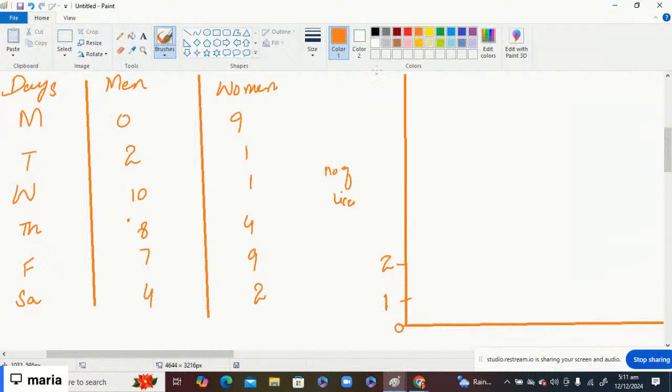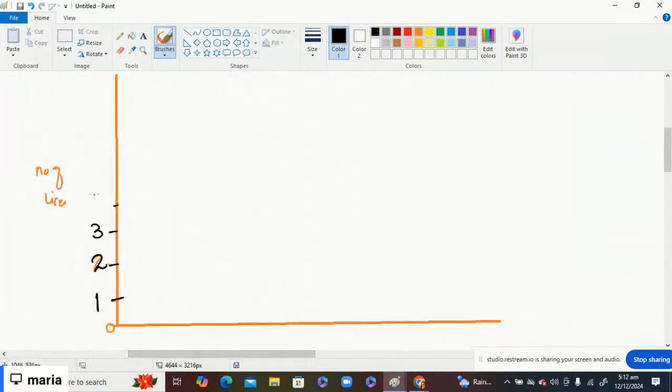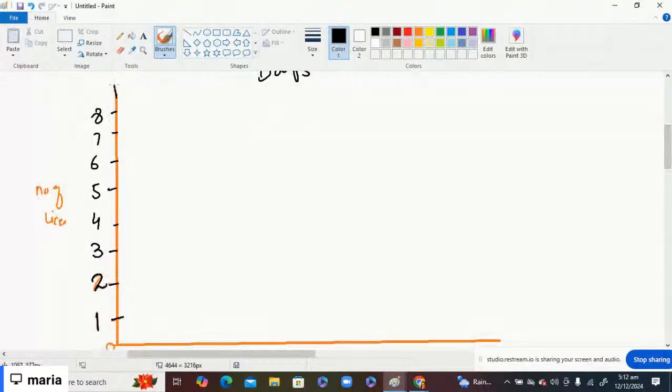It's 1, that is 2, now it's 3, it's 4, then 5, and then 6, 7, 8, then 9 and 10. This is on the y-axis.